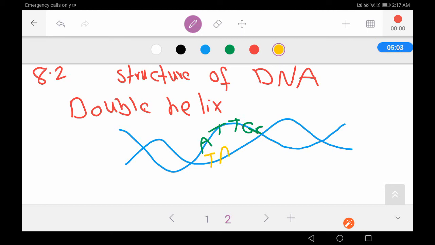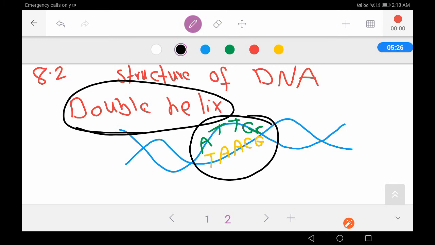Thymine pairs with adenine, guanine with cytosine, and cytosine with guanine. So as we see, these two strands are opposite and they are complementary to each other. Okay, and this is what we call double helix.